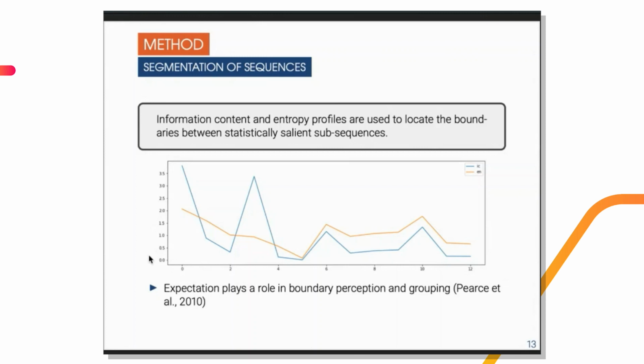So this plot here shows the information content in blue and the entropy in orange of a short sequence. And so the predictive models give us values for each of these throughout the sequence. And you can see that these information profiles have certain features in them. So there's a big spike here, for example, and then some smaller spikes here. And so we want to try and use these features to segment the sequence.